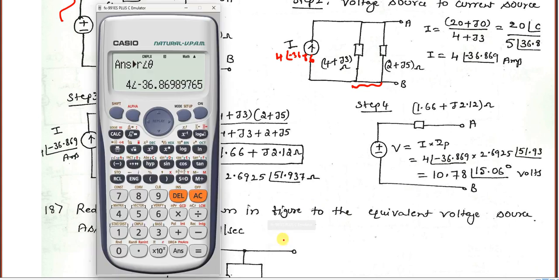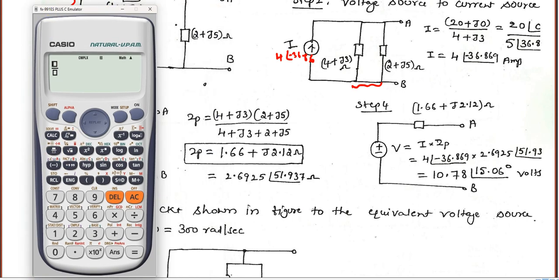So using the calculator again you can do this. You are already in complex mode. This should be in degree mode, it should not be in radians. Now I will multiply 4 plus 3I into 2 plus 5I.